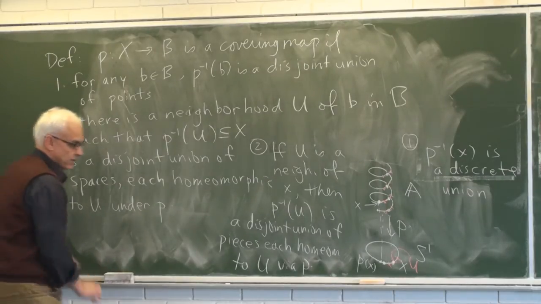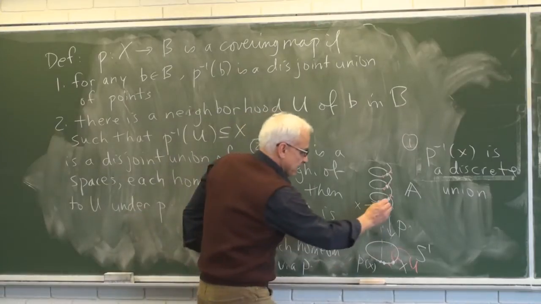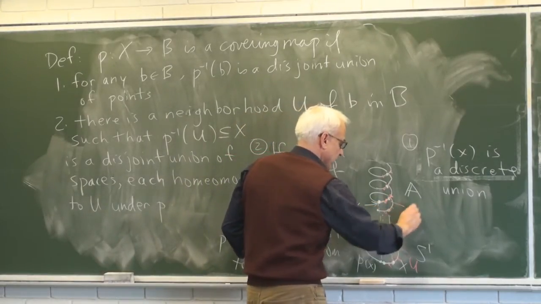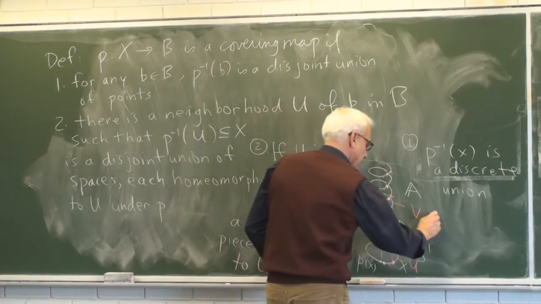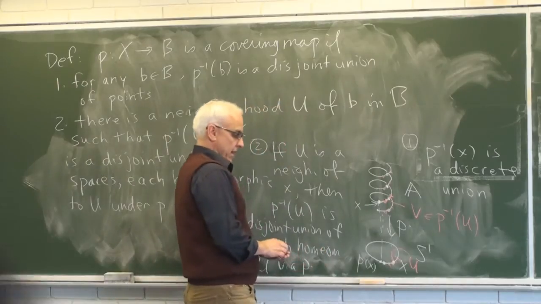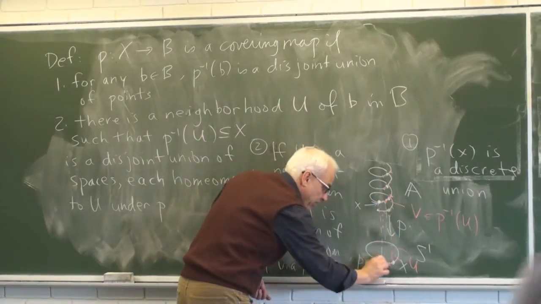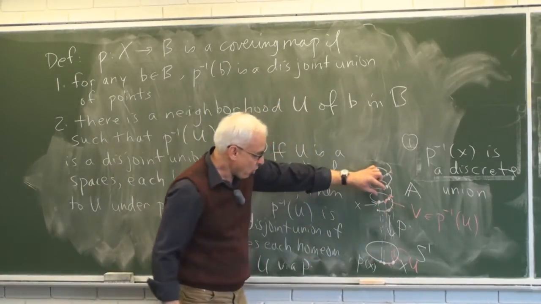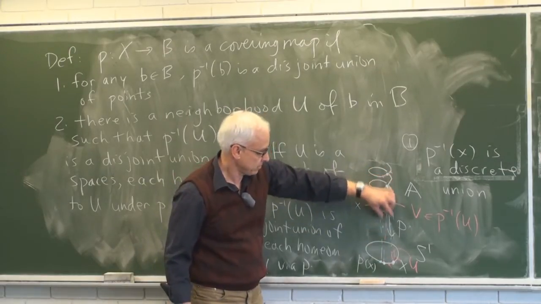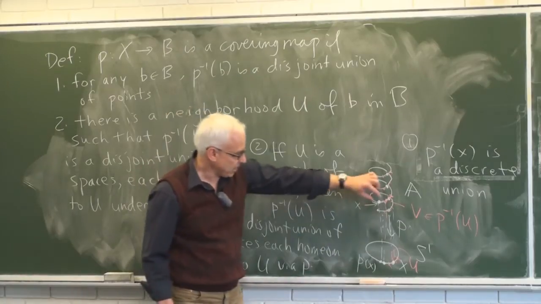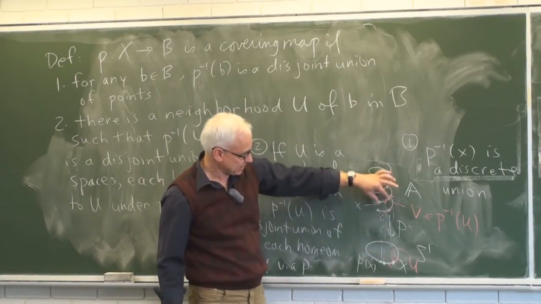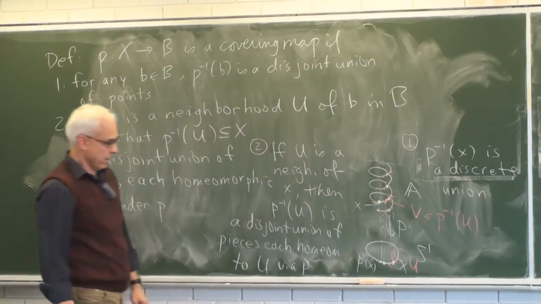So in other words, if we look at any one of these pieces, say this one here, this is one element, let's call it V, sitting inside P inverse of U. Then under P, this projection, V is exactly homeomorphic to the original neighborhood U downstairs. So we have all these individual little pieces sitting above the neighborhood, each looking exactly like the neighborhood.